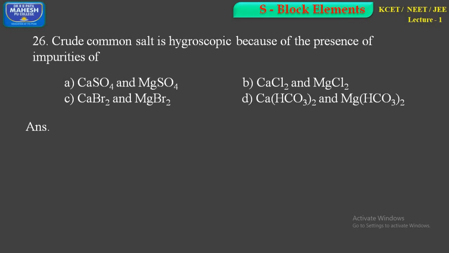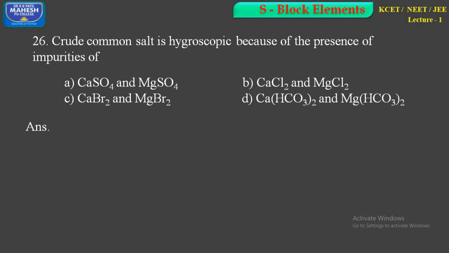Calcium chloride and magnesium chloride are deliquescent salts. That is, they absorb moisture or water from the air and dissolve within the absorbed water.